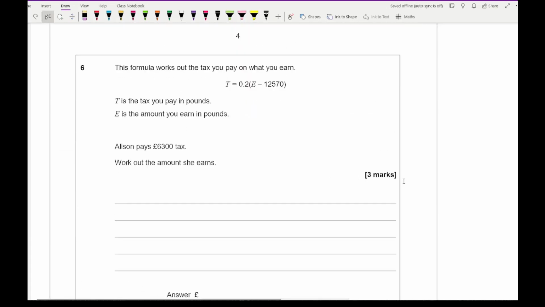Moving on to question 6, it says this formula works out the tax you pay on what you earn. T equals the tax you pay in pounds. E is the amount you earn in pounds. Alison pays 6,300 tax, work out how much she earns. So for this, what we need to do is substitute T equals 6,300. So I've got 6,300 equals 0.2 times (E minus 12570).